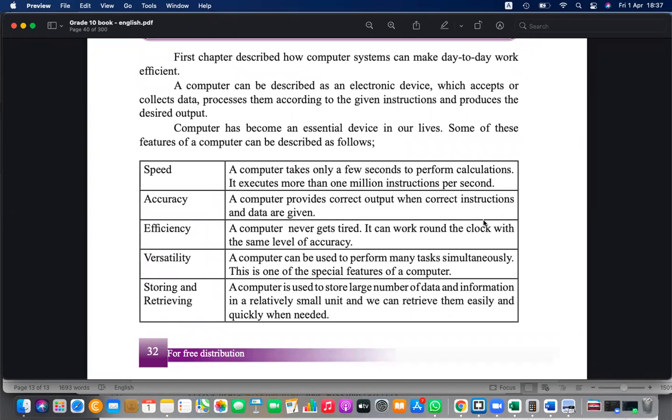It can process millions of instructions in a given second. Think about the ability. Currently, the computer can process this many instructions and produce the output. That is super fast compared to humans.